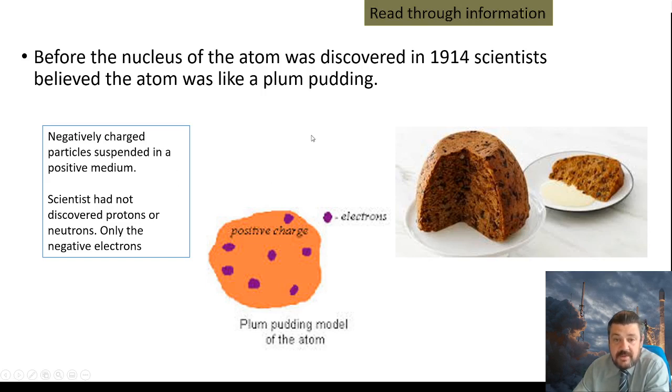They only knew about the electrons. The reason why we likened it to a plum pudding is if you can imagine the sponge being the positively charged medium, and the plums inside the pudding representing the electrons, which are suspended in this positively charged medium. Don't forget, electrons are negatively charged.